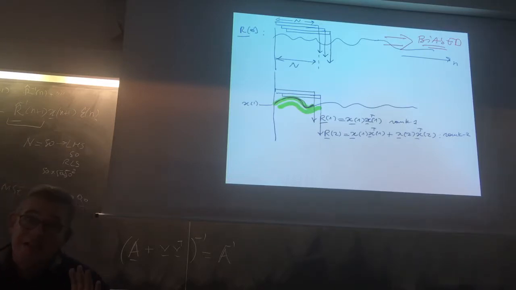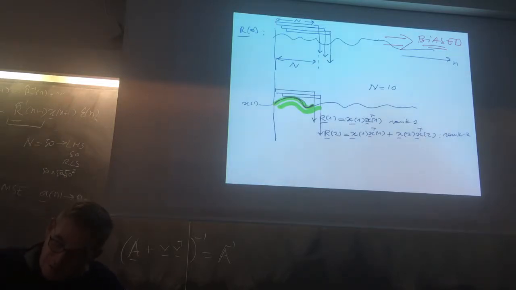But let's avoid the pathological case, because if the set of data are exactly the same, the second block is rank 1, and so summing is still rank 1. Let's avoid these pathological cases. So R2 is rank 2. Let's suppose that capital N is equal to 10. That one is rank 2 and I cannot invert. I cannot calculate R2 to the minus 1.